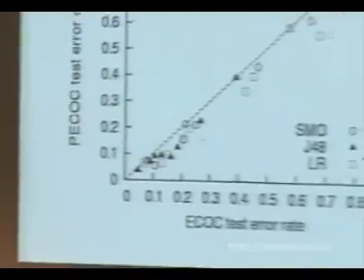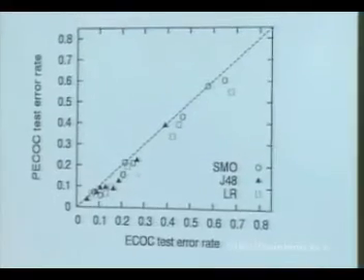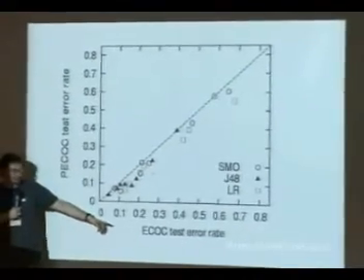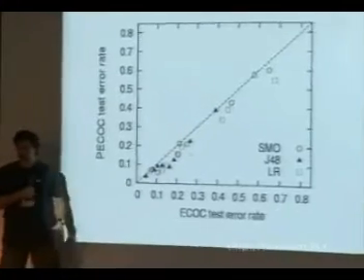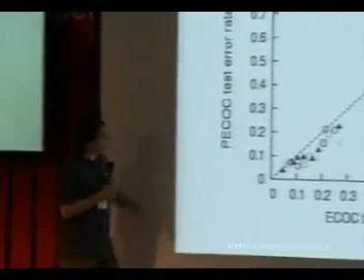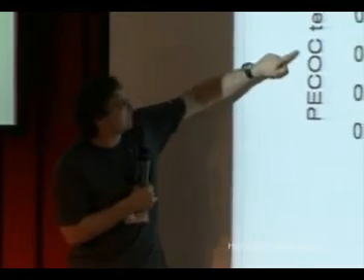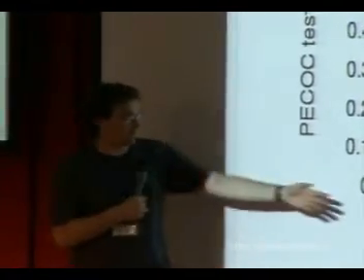So what's happening? We have a bunch of different multi-class problems. And then we're going to apply an error-correcting output code with a Hadamard code, some special matrix that I'll show you, and we're going to apply the probabilistic error-correcting output code. And we're going to look at the error rate on the test set.